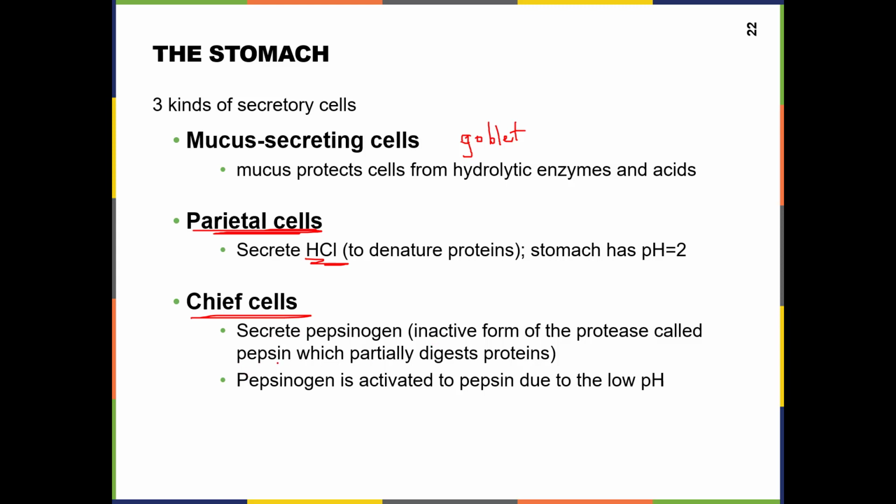The pepsinogen is activated, and that forms the pepsin, one way or another. That happens because of the pH, so it's pretty much an immediate activation. So the goblet cells make the mucus. Parietal cells make the hydrochloric acid, and the chief cells make the pepsinogen or pepsin.